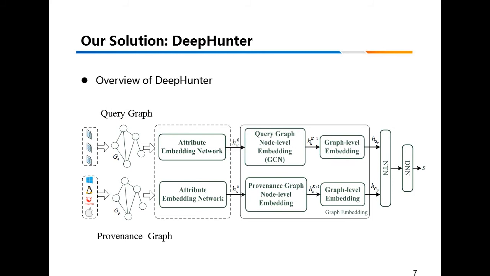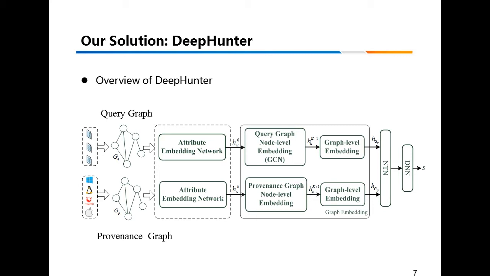Now, let's look at our solution DeepHunter. It consists of two branches. The upper branch deals with threat intelligence information, and the lower one is for the audit logs. We manually construct the query graph from the attack report and construct the provenance graph from audit logs. Both of them are fed into our GNN-based models.